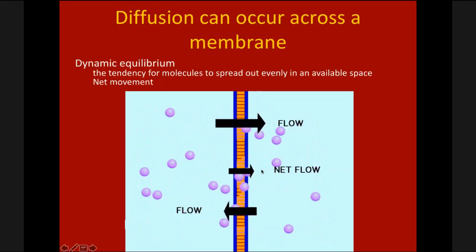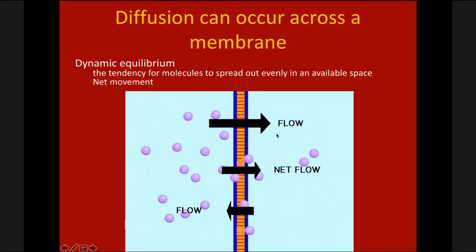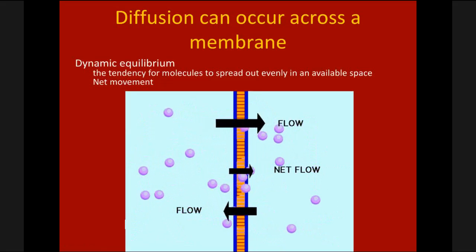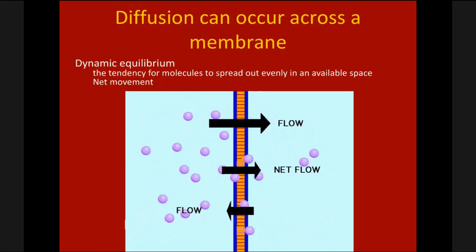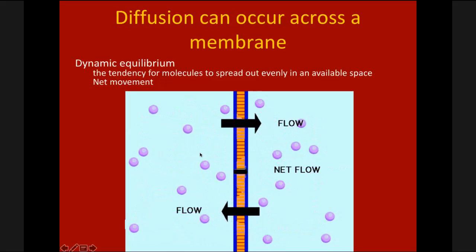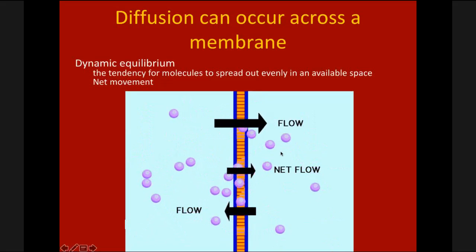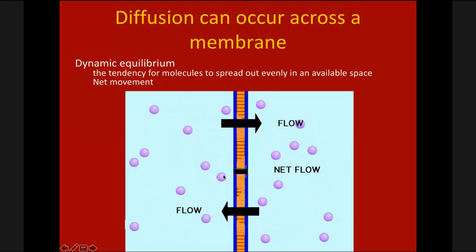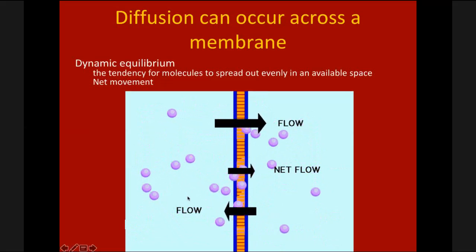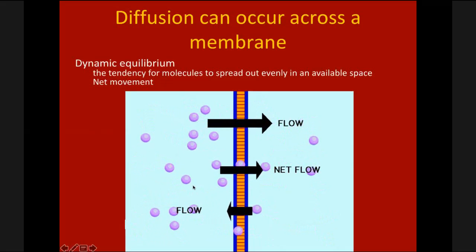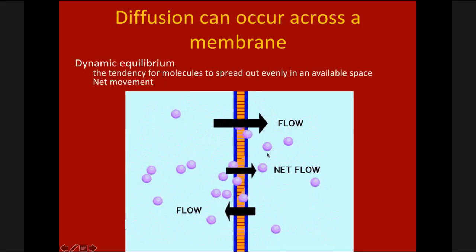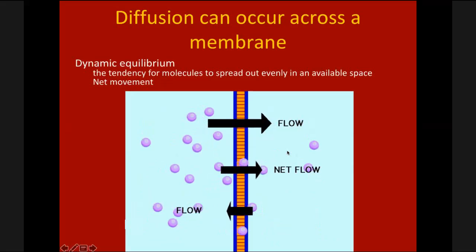Because as they start to bump into each other over here on this side, some of them might get bounced back to the left side. It's a random motion. Where you're in higher concentration, you're going to have more molecules moving across the membrane to the side that's low concentration, but you're also going to have some randos moving in the opposite direction. So we refer to this as a net movement. Overall, it's happening down the concentration gradient.